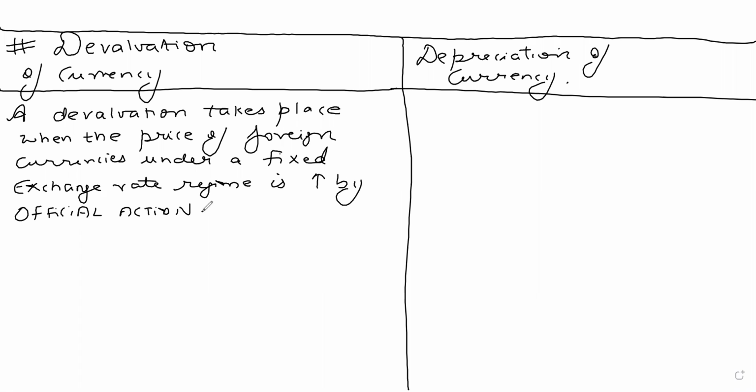So we say that devaluation of a currency happens under the fixed exchange rate regime when the government of the devaluing country knowingly or intentionally increases the price of foreign currency. I again repeat, devaluation of a currency happens under the fixed exchange rate regime when the government of the devaluing country intentionally or knowingly increases the price of the foreign currency.